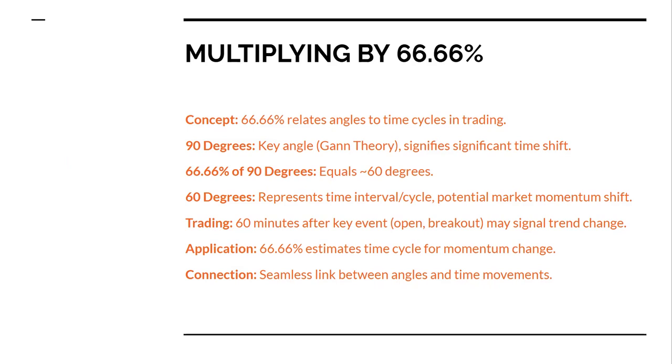For that, first we take the square root of the previous day's closing price, and then we multiply by 66.66%, which estimates the time cycle for momentum change.